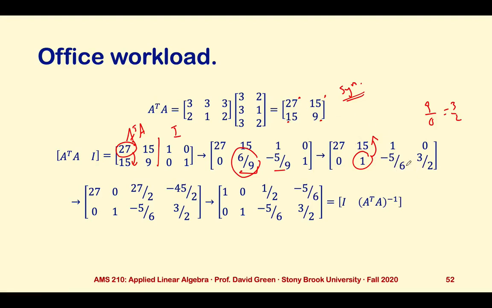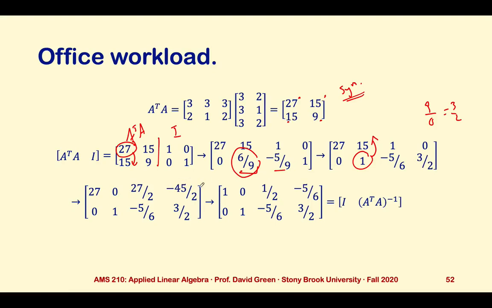Well, the 15 can cancel out with the 3 of the 6, giving us minus 25/2. 1 minus negative 25/2 is 27/2. 0 minus 15 times 3/2 is negative 45/2.